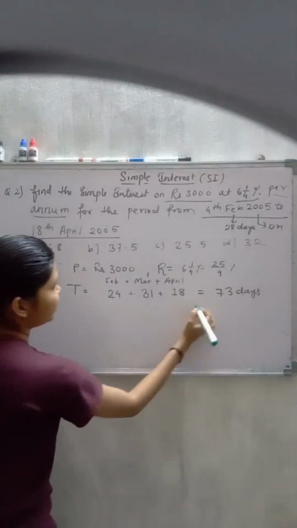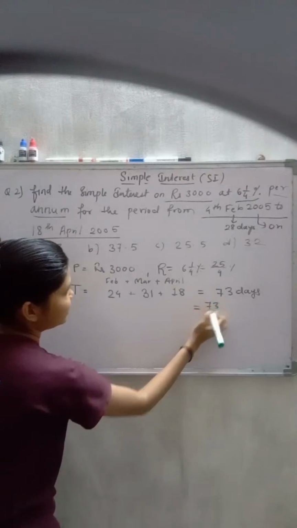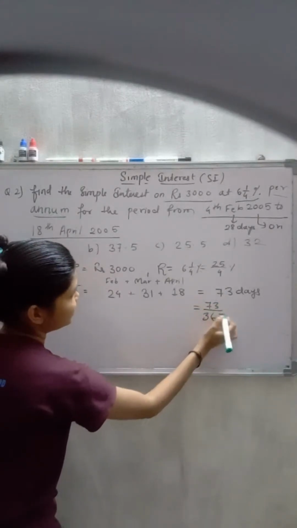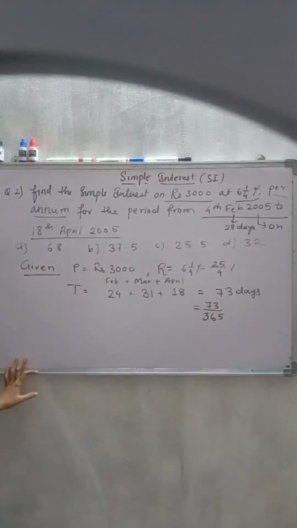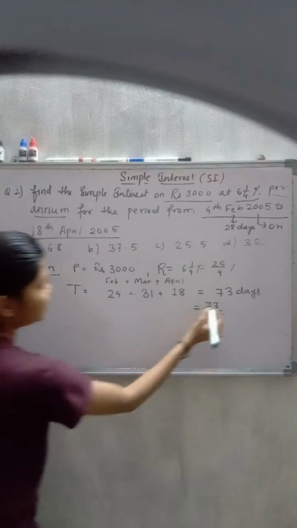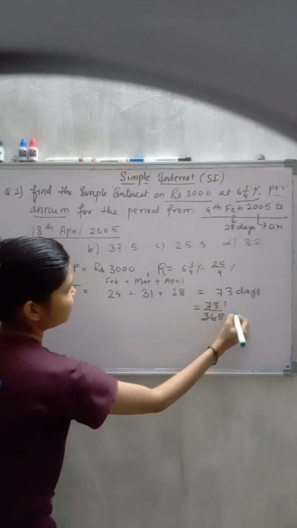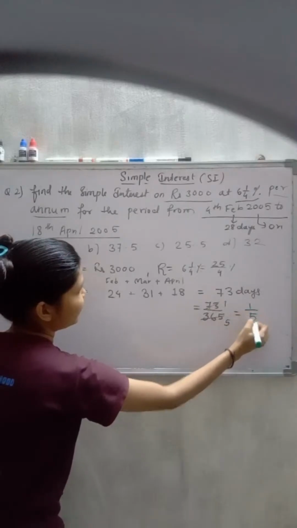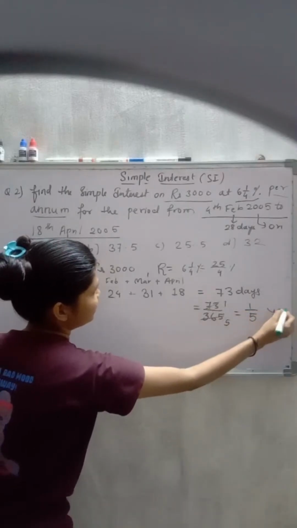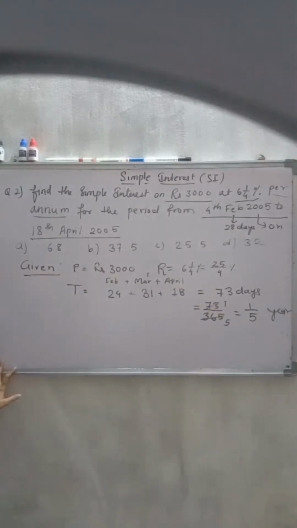So time period will be 73 divided by 365. And this 365 is divisible by 73. 73 1s are 73, 5s are 365. So 1 by 5 of a year. 73 days is 1/5 of a year.